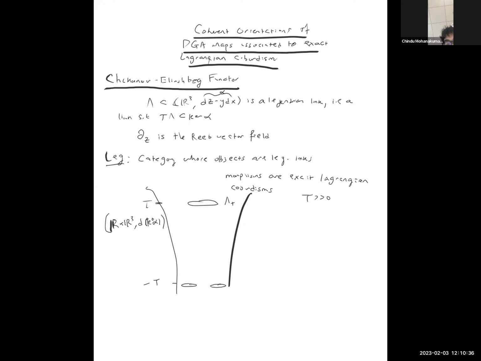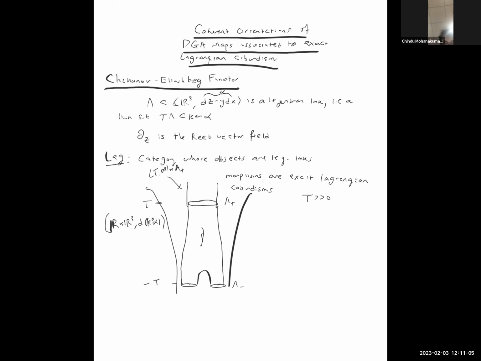So we have lambda minus down here, and we have something going on in the middle. And then above t, we have this cylindrical end. So this is supposed to mimic t to infinity cross lambda plus.